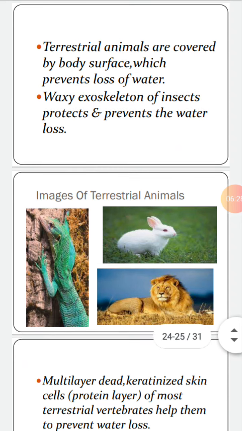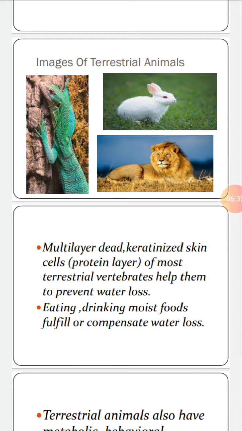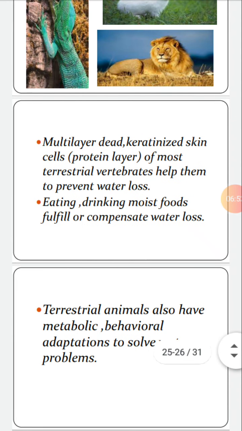Images of various terrestrial animals which live on land. Multi-layered dead keratinized skin cells. Keratin, as you know, is a protein layer of most terrestrial vertebrates. It helps them to prevent water loss. Eating and drinking moist foods compensates for water loss.